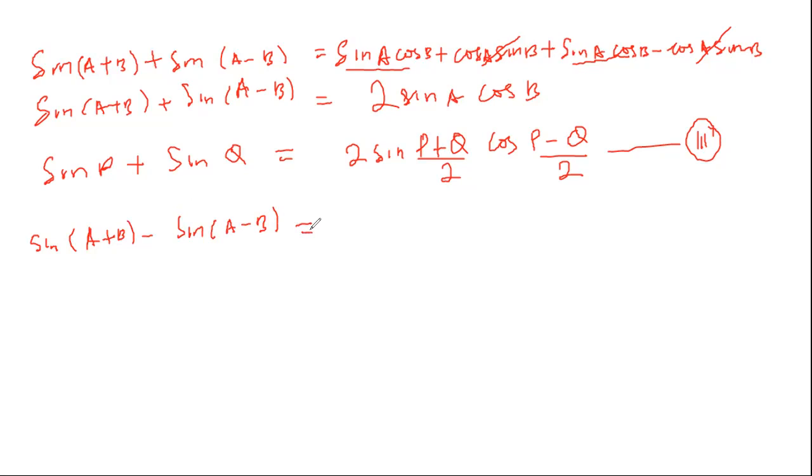It would give us sine A cos B plus cos A sine B. Then we subtract sine A cos B minus cos A sine of B.